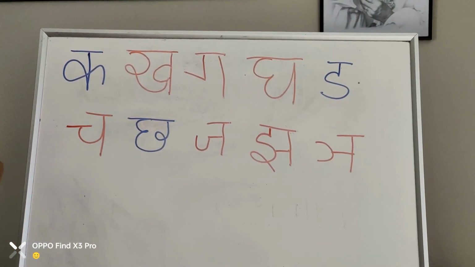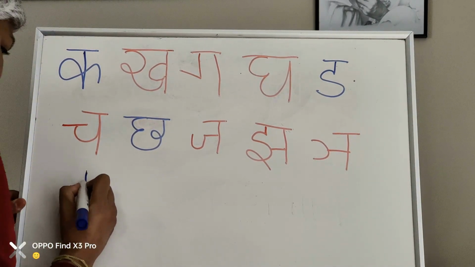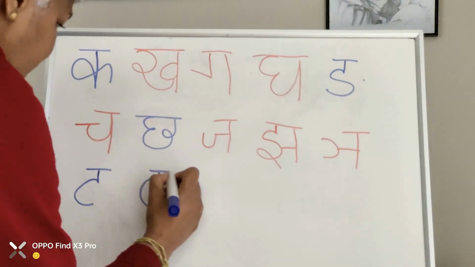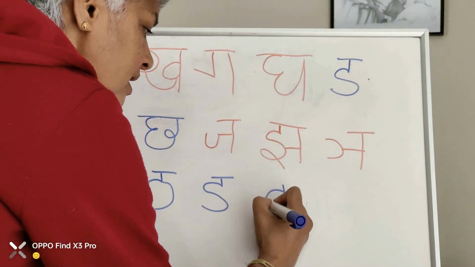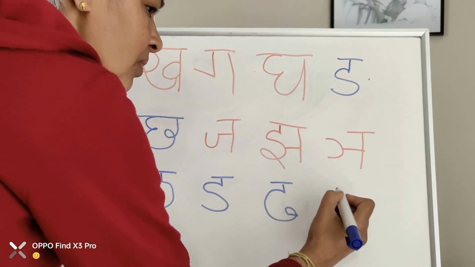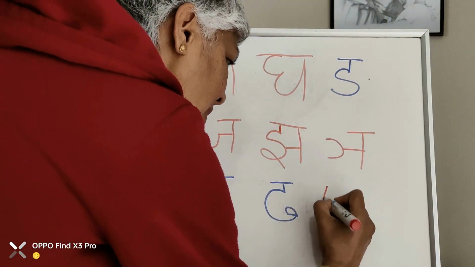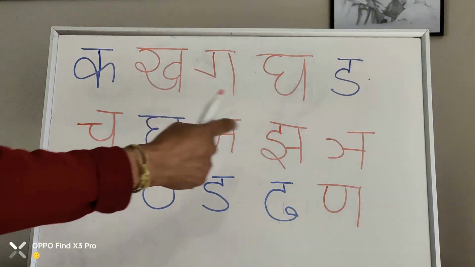Does T have a line at the end? No. So we'll just write that in blue. Th also doesn't. D. No. Dh also doesn't. What about Na? Yes, it does. Well done.